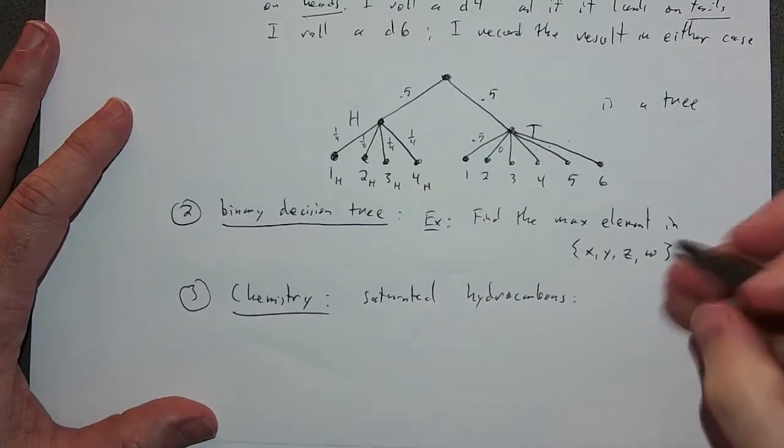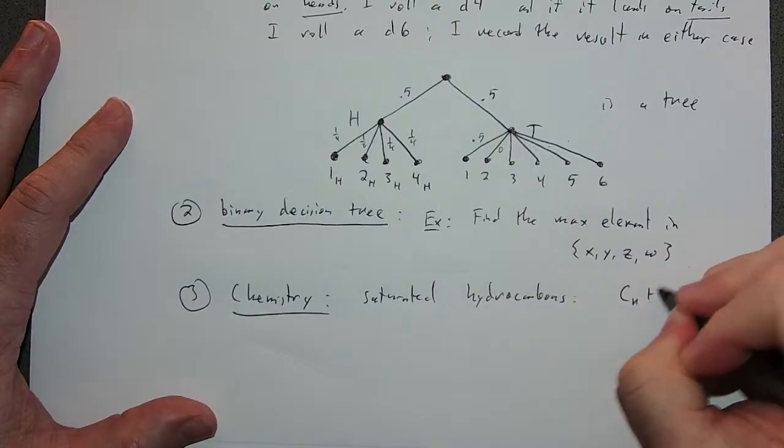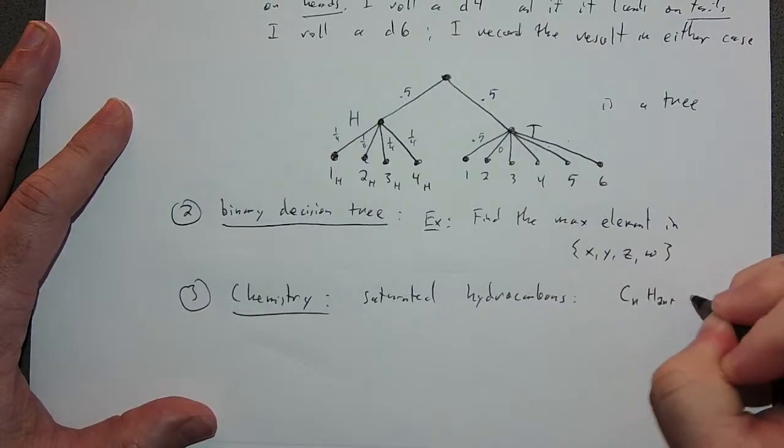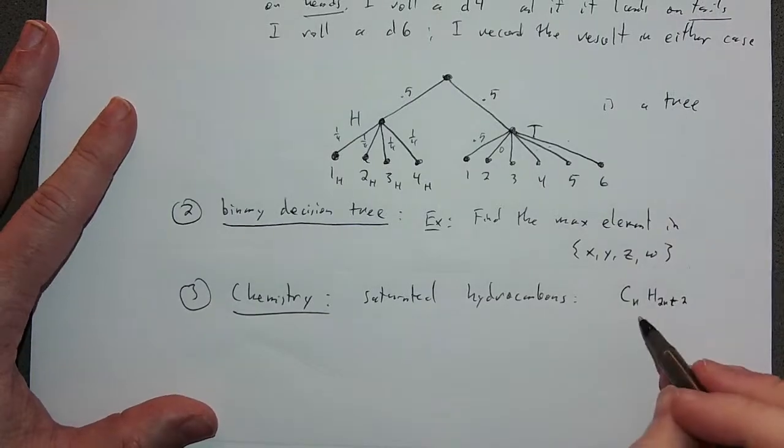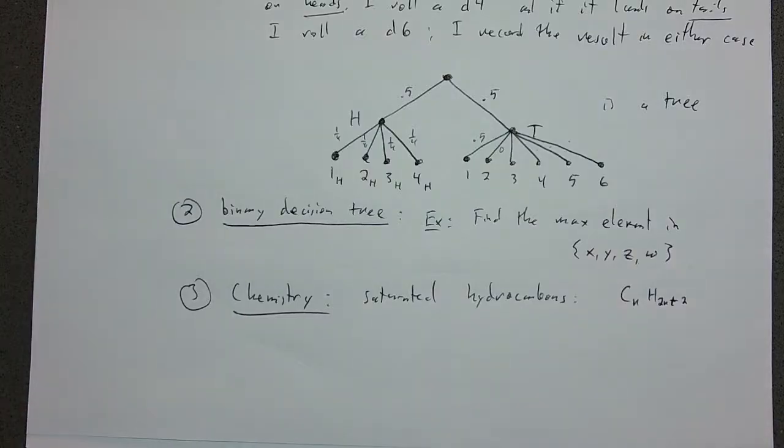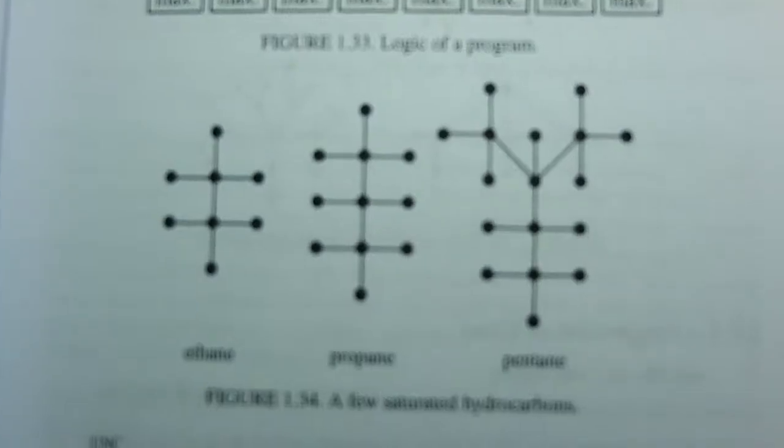Things of the form CnH2n+2. So propane, ethane, pentane. I'm going to go ahead and put those here on screen.